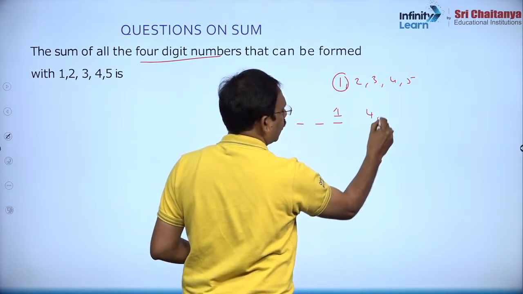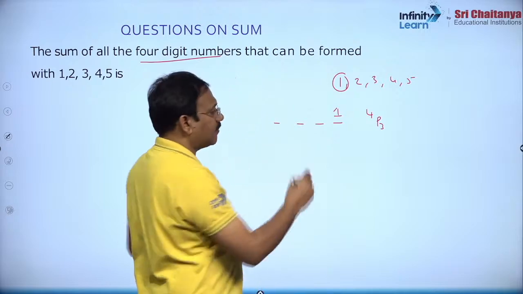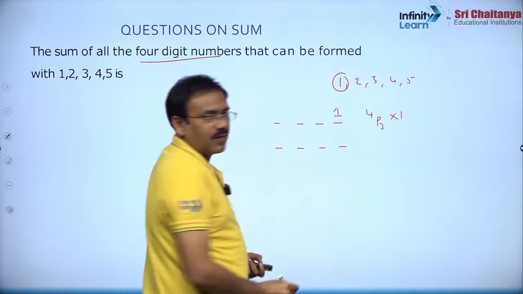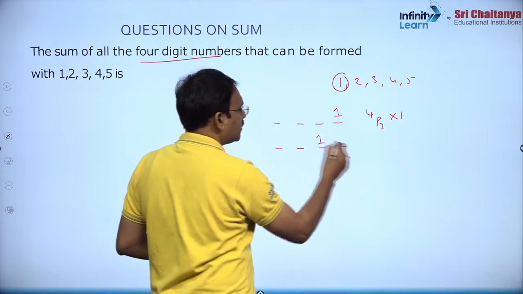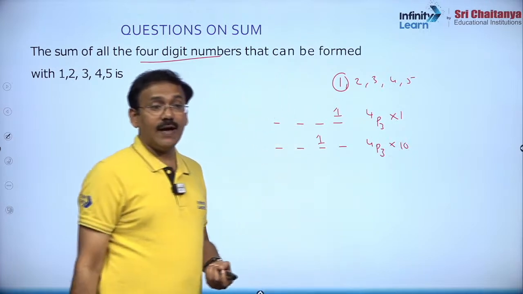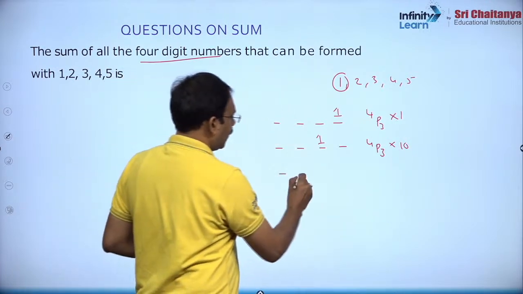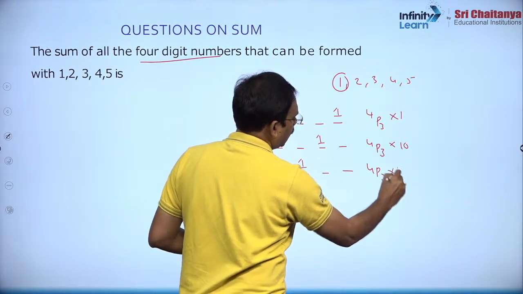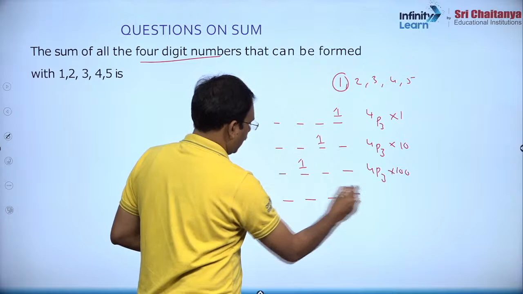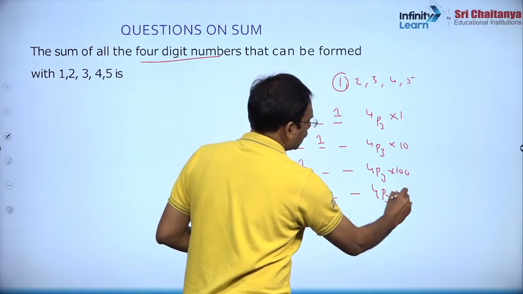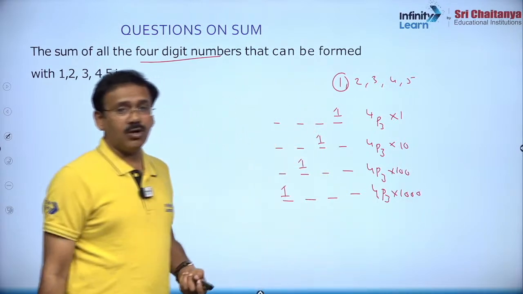You can write 4P3. In these numbers, 1 is in the units place, so into 1 you write. Where 1 is in the tens place, there will be 4P3 numbers, and you get the value as 10. And 1 in the 100 place, 4P3 into 100, and 1 in the 1000 place, 4P3 into 1000. So what is the sum because of 1?